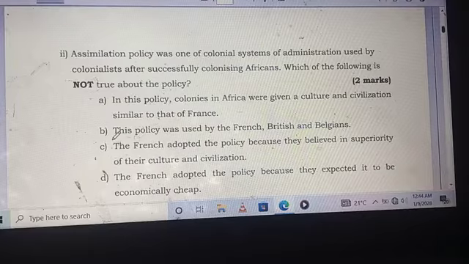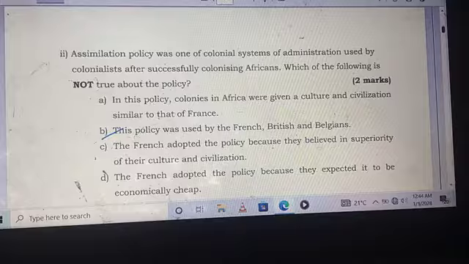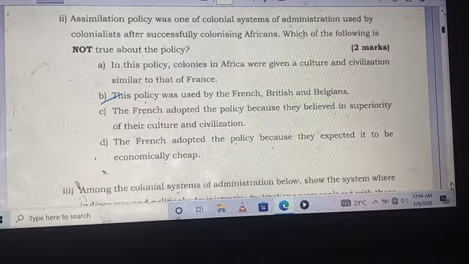The best option is letter B. This policy was used by French, British, and Belgians. This is not true because assimilation was mainly used by the French. Let's continue to the next question.